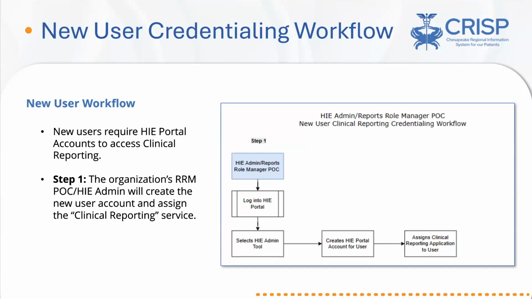That individual would walk through this process where they would log into the HIE portal, select the HIE admin tool, assign the services, the clinical reporting services, to the user's account and create an account for that user and move through the process of credentialing the user through Role Manager.